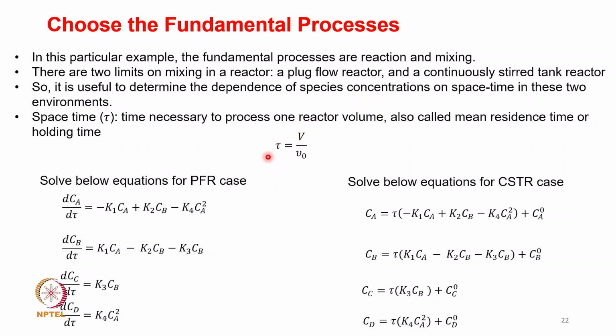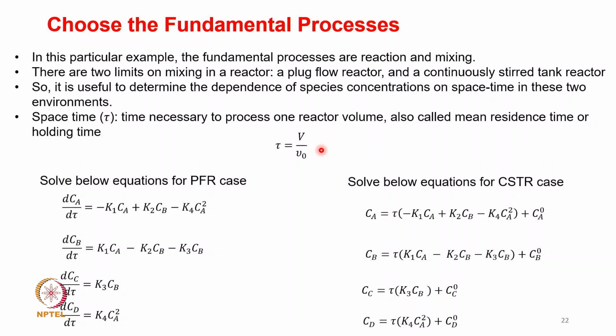Let us have this particular term called tau, which is the space time. We will do the entire analysis based on this space time tau, which is the ratio V by V naught. We have seen this V by V naught when we defined CSTR, and we also saw how CSTR equations can be written in terms of V naught and tau.